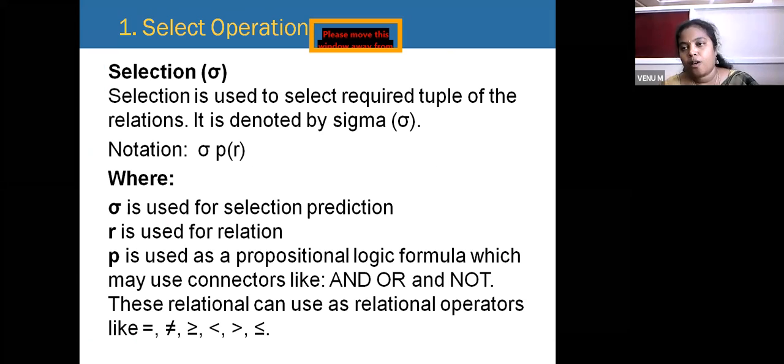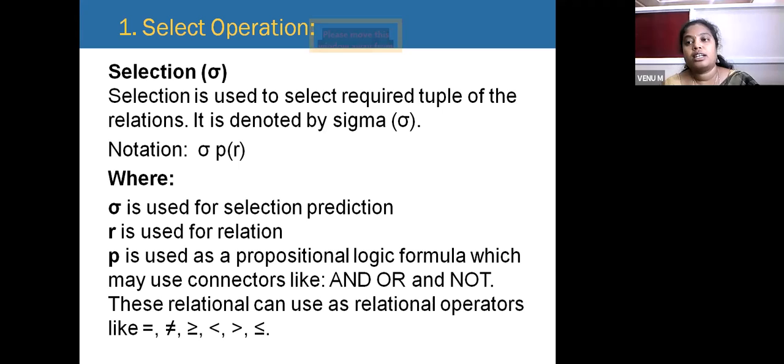Observe the syntax: sigma p of r. Here r is the relation, which is the table name. p is the condition, what condition you apply on that table, so that specific tuples can be derived from it. Here sigma is selection.